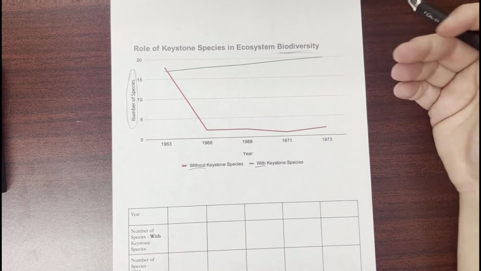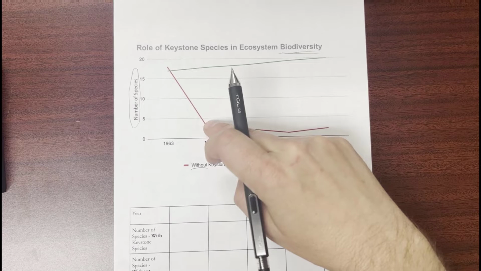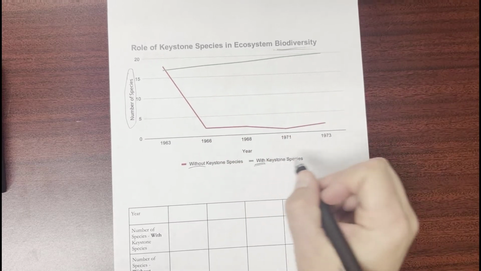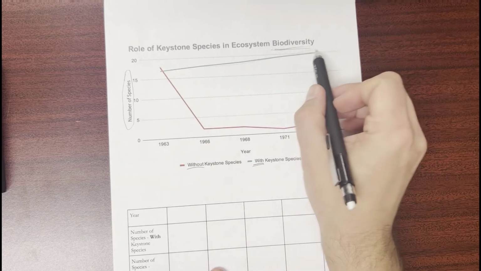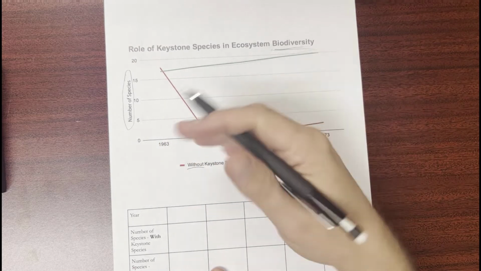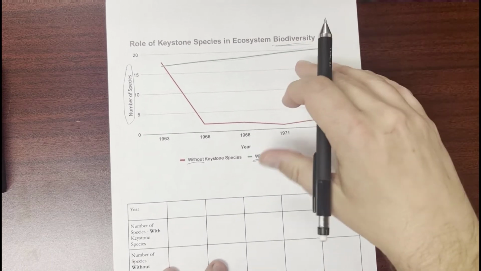Now they might have high population numbers, but there's only 1 or 2 different types of creatures. Where with keystone species, the number of species in the environment stays high. And there's all kinds of examples. The grizzly on the front of this was just one of them.